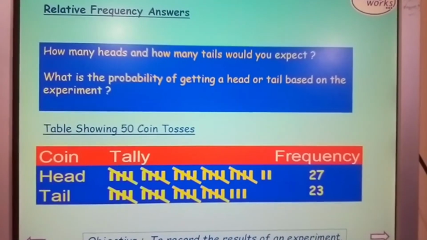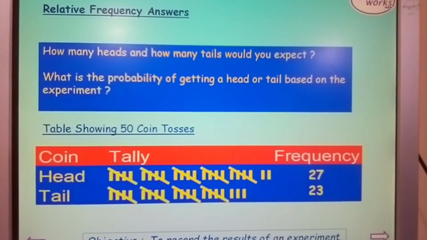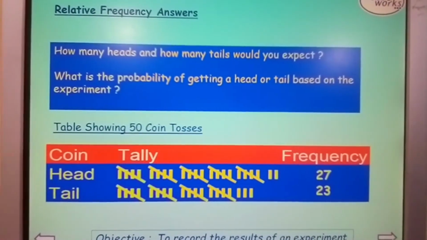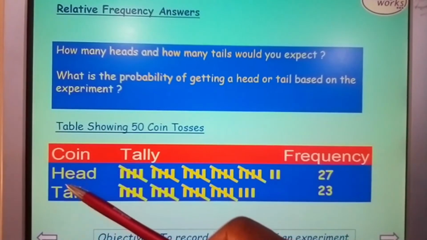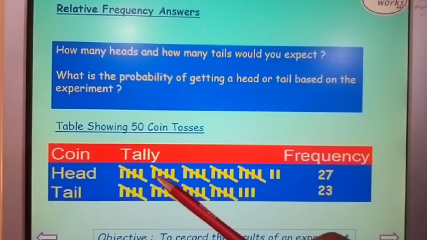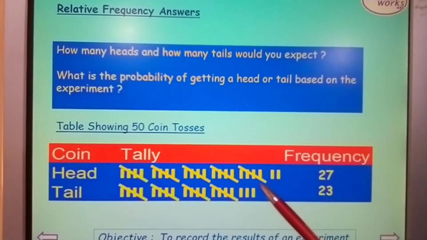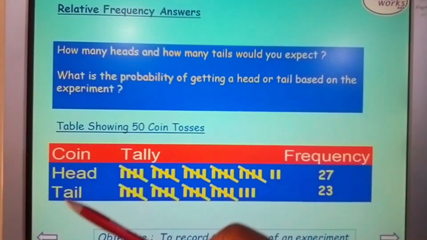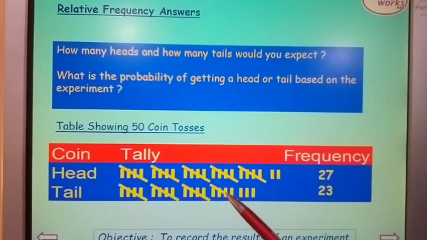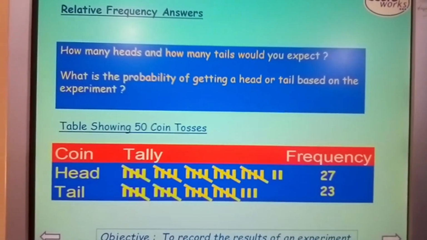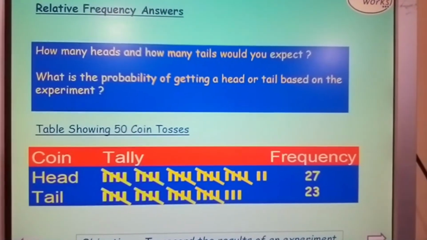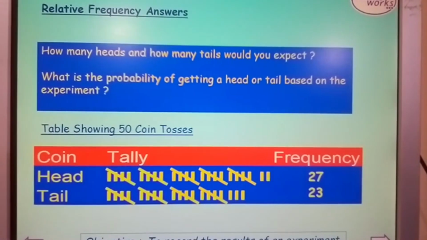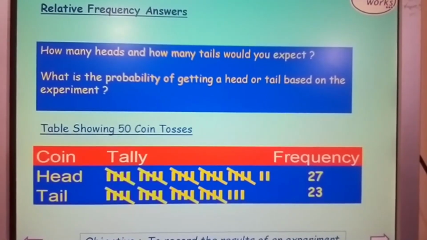What is the probability of getting a head or tail based on the experiment? Now we have a table here showing 50 coin tosses. Heads we have 5, 10, 15, 20, 25, 27. Tails we have 5, 10, 15, 20, 23. Just make sure we got it in frame. Okay? Good.